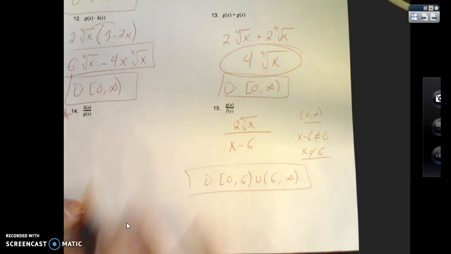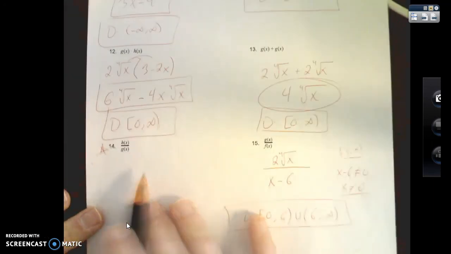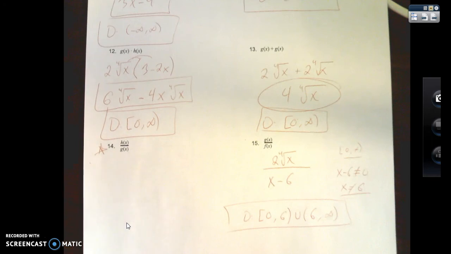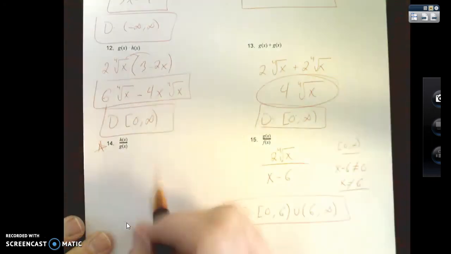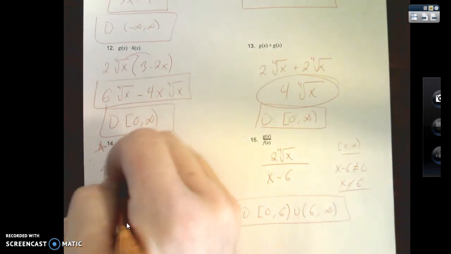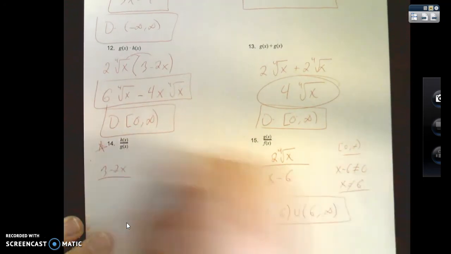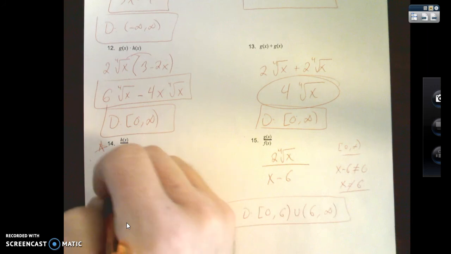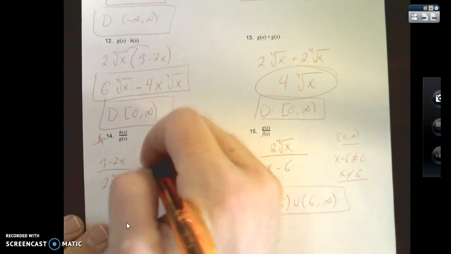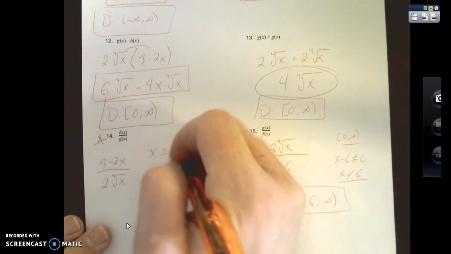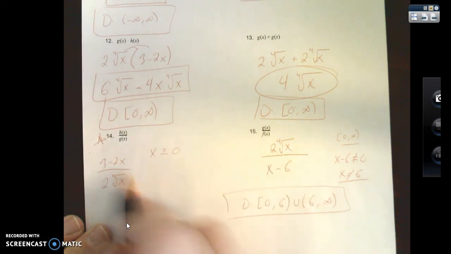Okay? Back here to 14. This is the trickiest one. I personally think this is the trickiest domain problem that there is. H of x on top is 3 minus 2x. No hindrance there. Down low, though, g of x is 2 fourth root of x. Now, normally, we say that x is greater than or equal to 0 when we deal with fourth or even powered roots.